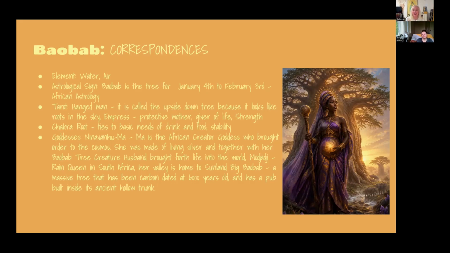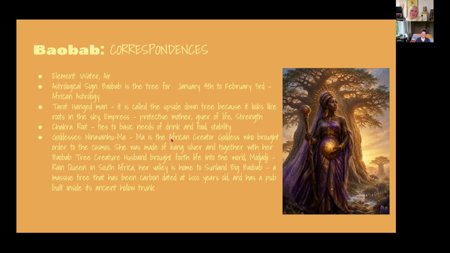She has a valley in South Africa, and it's home to an enormous, big baobab, a massive tree that's been carbon dated to 6,000 years old. The trunk is hollowed out, and there's an actual bar or a pub inside the hollowed out trunk.